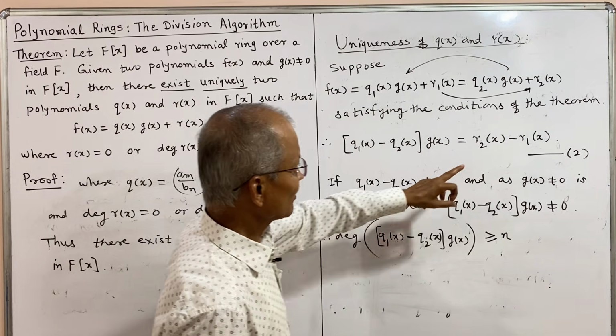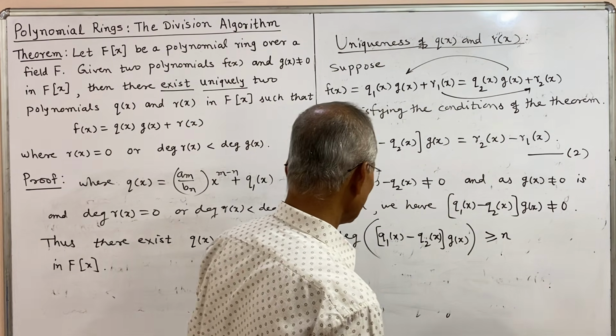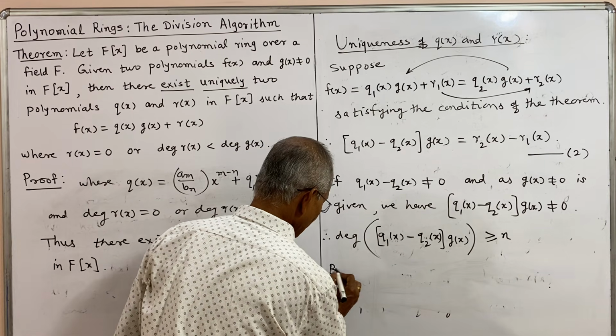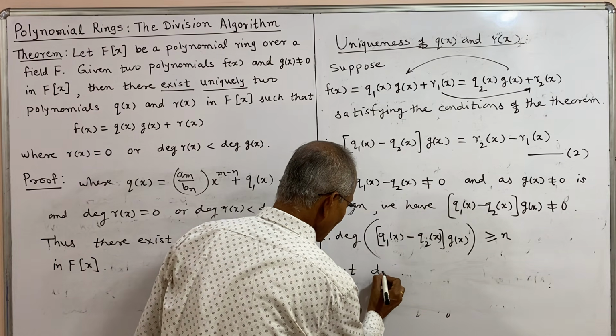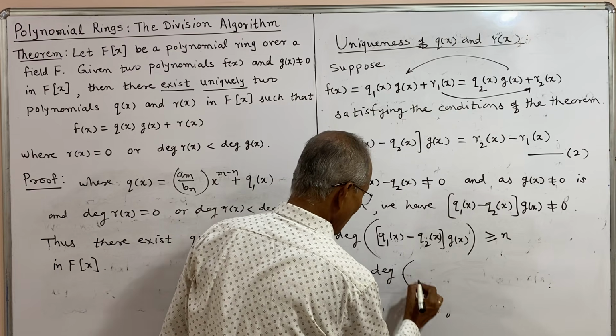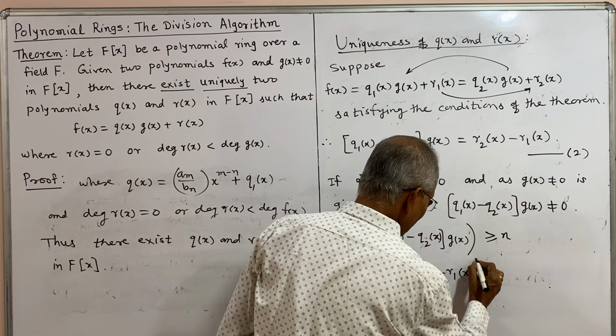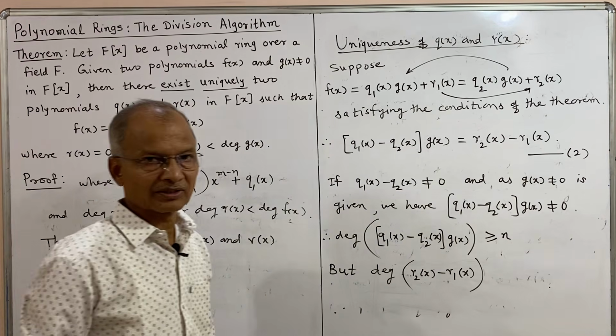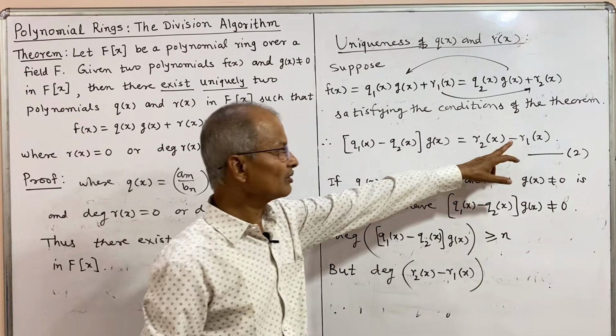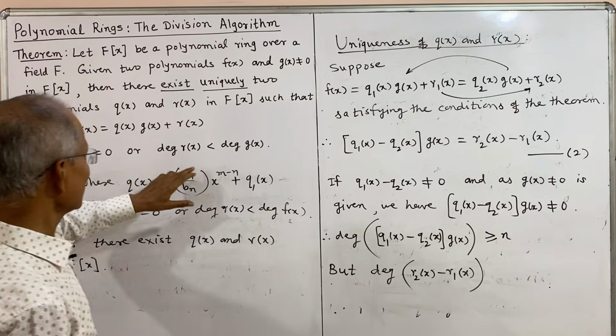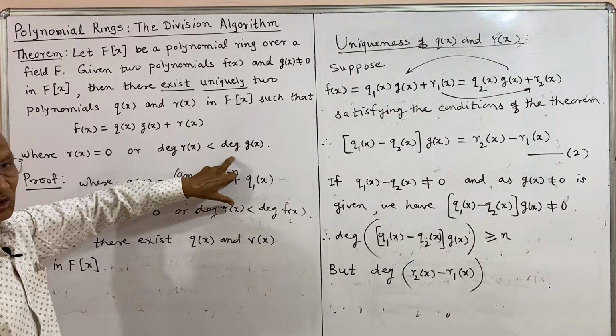But now what is the condition on the right side? Degree of r2 of x minus r1 of x. Now this is the difference of two polynomials. And what is the condition on r1 and r2? Their degrees are strictly less than that of g.